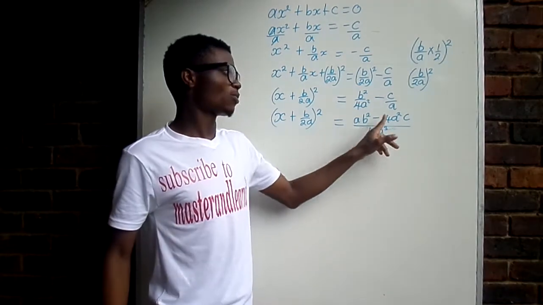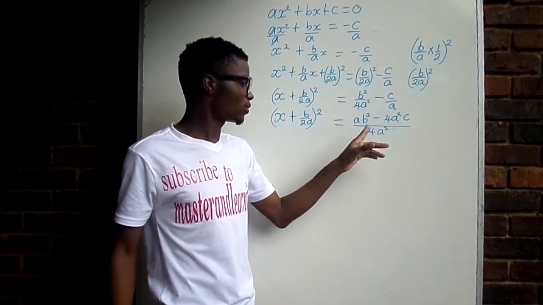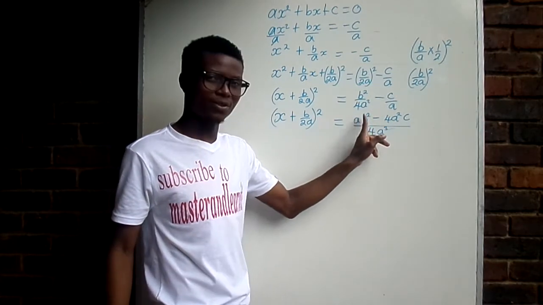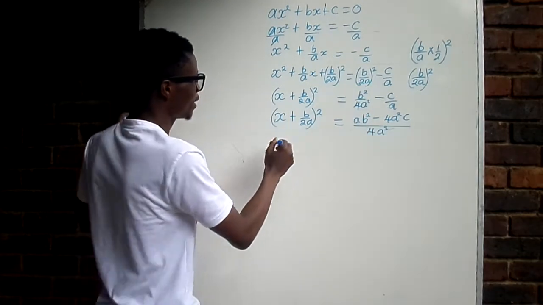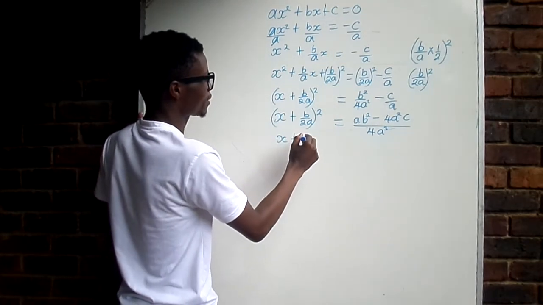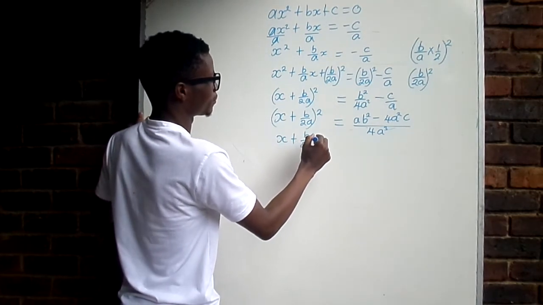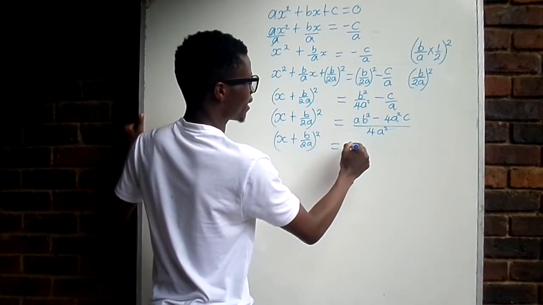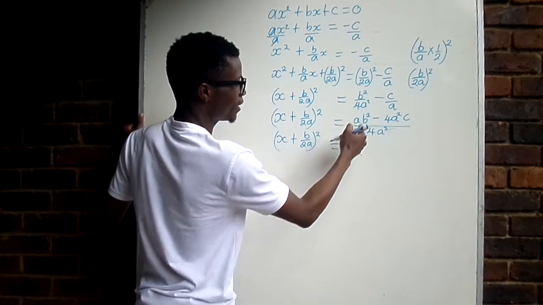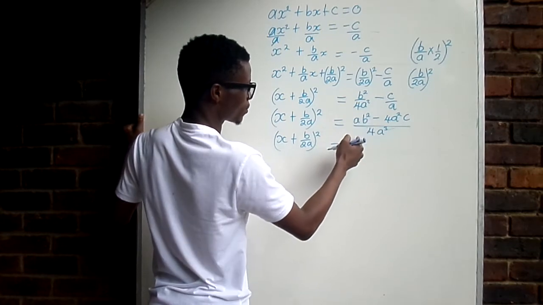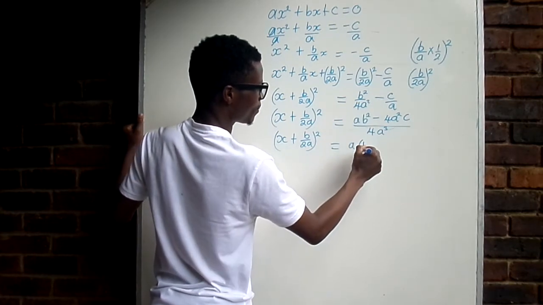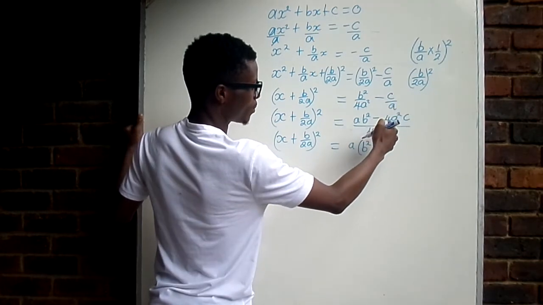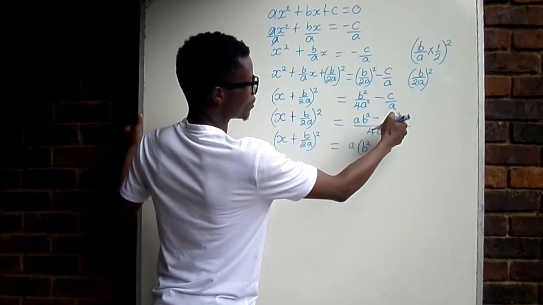Now let's factorize our right hand side, because you can see on our numerator we have a common factor of a. So let's just take out the highest common factor. Rewriting my left hand side is equal to highest common factor a, we divide a into ab squared. So a cancels a, we're left with b squared. A cancels a squared, so we're left with a.